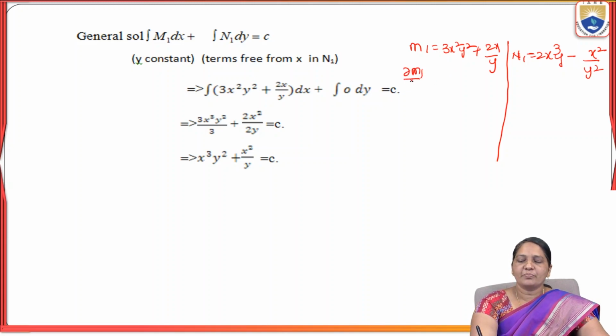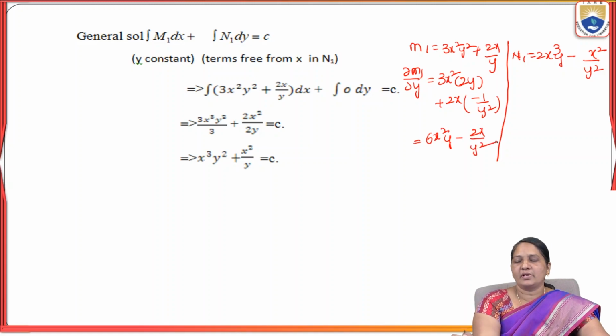That is dou m1 by dou y. With respect to y, 3x square is constant, so the y square derivative is 2y, plus 2x is constant, and the derivative of 1 by y is minus 1 by y square. So finally this is 6x square y minus 2x by y square.